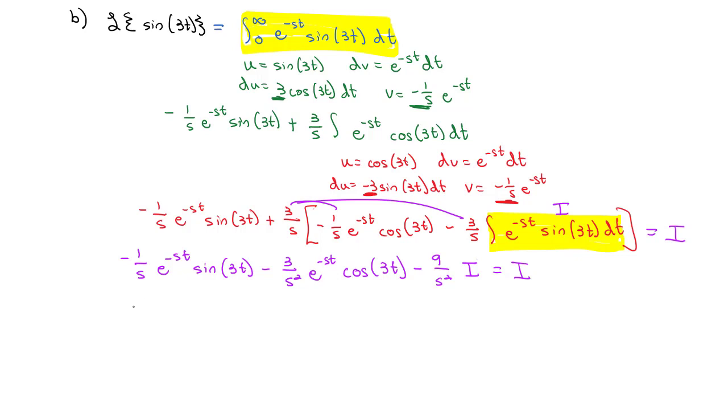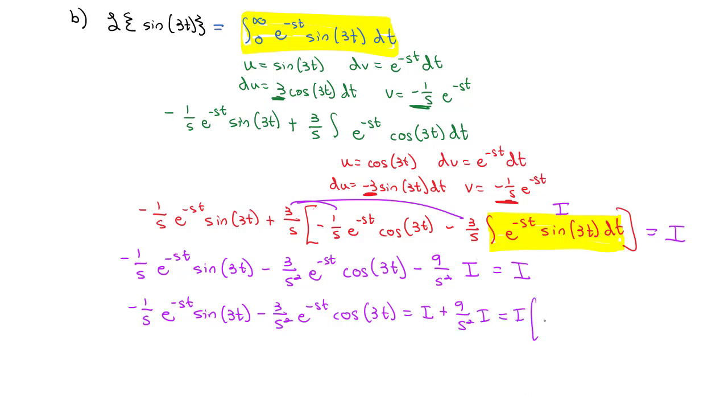Moving the integral to both sides, then, we have negative 1 over s e to the negative st sine of 3t minus 3 over s squared e to the negative st cosine of 3t equals I plus the 9 over s squared I.